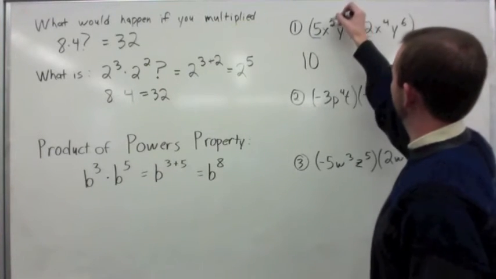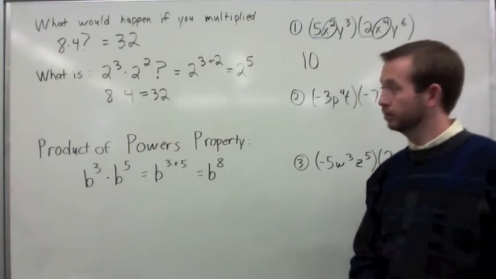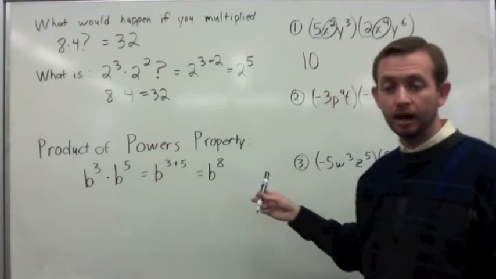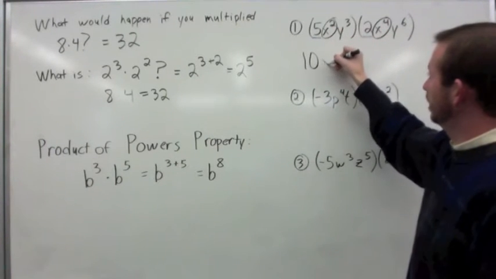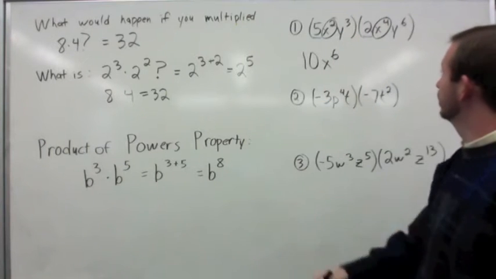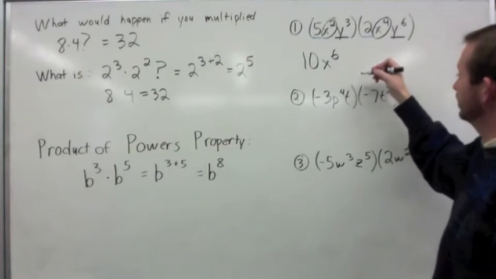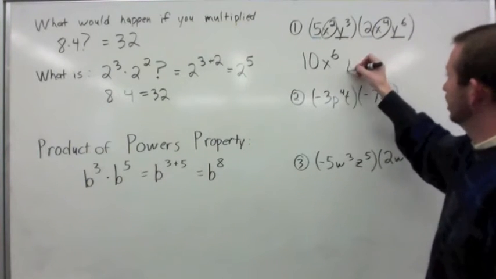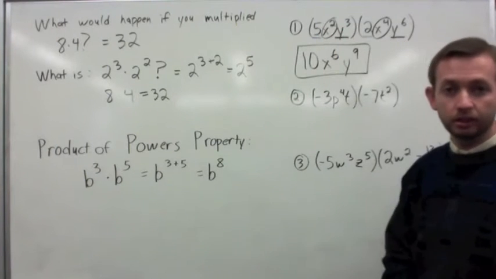I got x squared. I got x to the 4th. So how many x's do I have? Well, there's the product of powers property. We would know. We're going to go ahead and add those exponents together. 2 plus 4, that's going to give me x to the 6th. Same rule is going to be applied to the y's. I've got y cubed and y to the 6th. That's y. 3 plus 6 is y to the 9th. And that's all you're really doing on this.